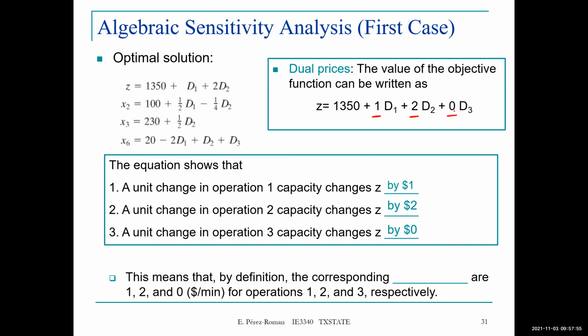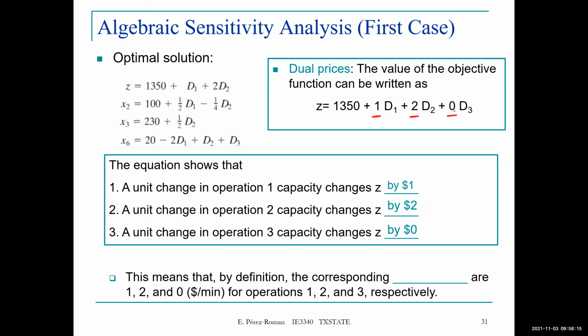So for example, if you increase D1 by 1 unit, you know that you're going to increase the profit by $1. So let's say D1 equals 1. Then 1 times 1 is going to increase the Z value to 1,351. Same thing with D2.